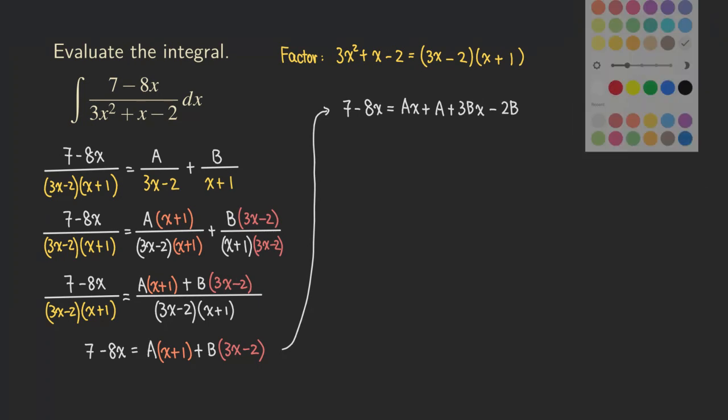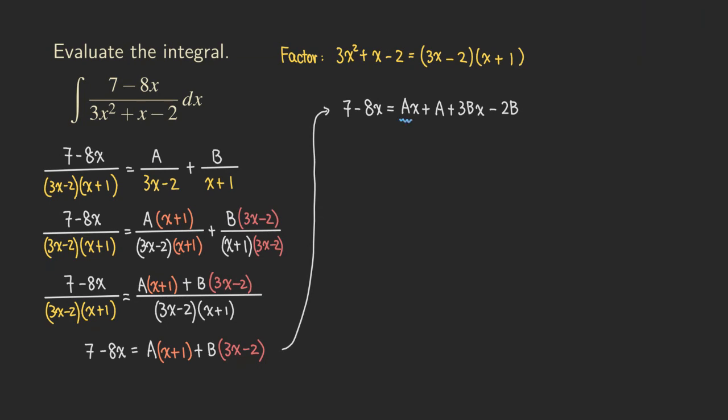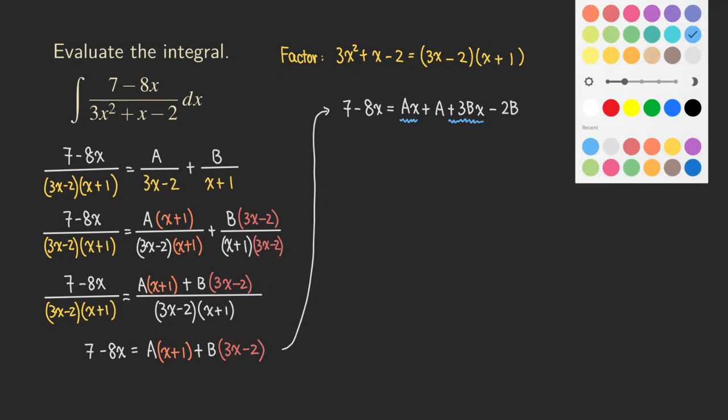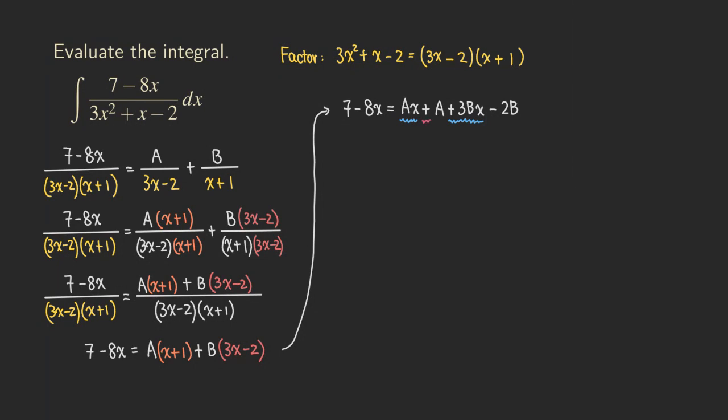Okay, and then do you see what's going on here? We have the x term. We also would have the x term right here. Okay, so we have the x term. And then we also have the constant terms. Okay, so the a here and then the minus 2b here. So what are we doing?